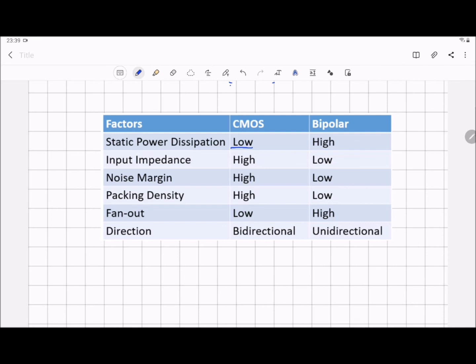One is used to source current to the load, and another is used to sink current from the load, and hence it offers high fan out. As I told you, source and drain can be interchanged, and hence CMOS logic is a bidirectional logic, whereas the collector cannot be interchanged with the emitter.